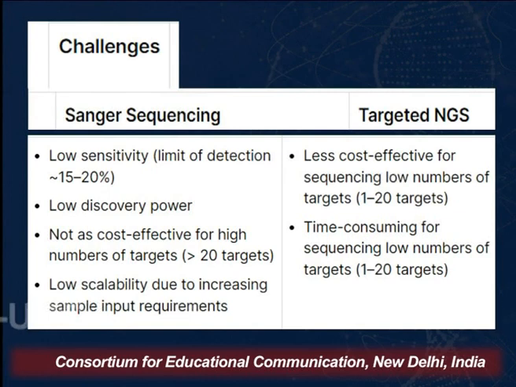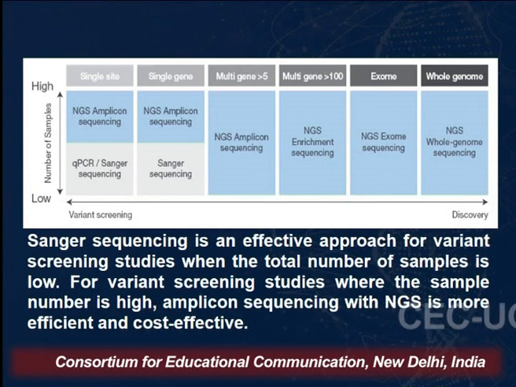Initially it was very time consuming, but again, now it has become much more rapid with the new next generation sequencing methods. So these two are continually being researched and developed, so as to have more advanced NGS platforms where the cost is also lowered and the time is also cut, and it can happen very rapidly.